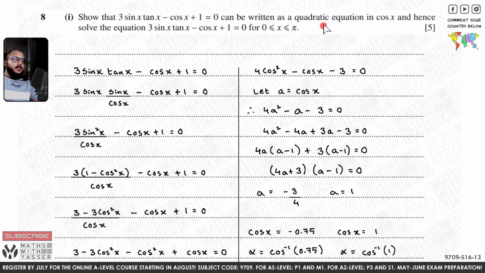Okay, so we have to first write this equation in terms of cos x. So tan x can be written as sin x over cos x. So this becomes 3 sin square x over cos x. Sin square x can be written as 1 minus cos square x. So simplifying, expanding the brackets, we get 3 minus 3 cos square x.